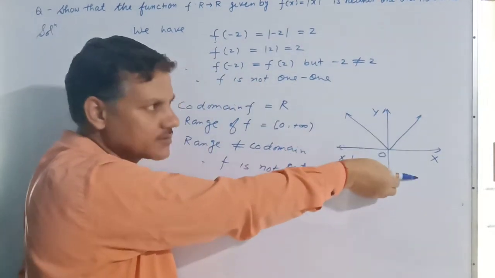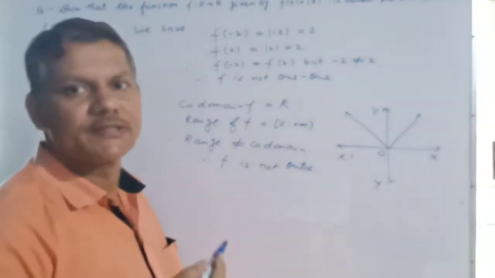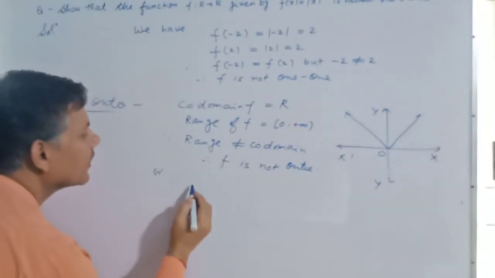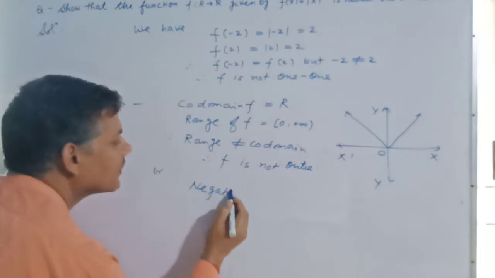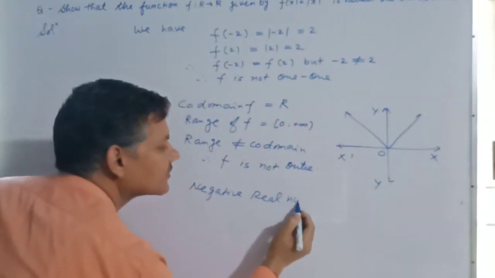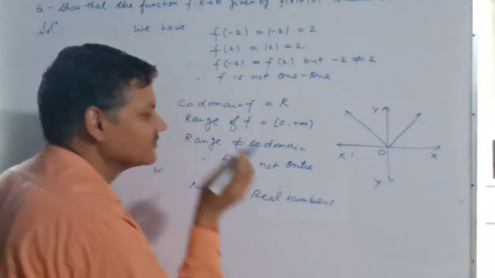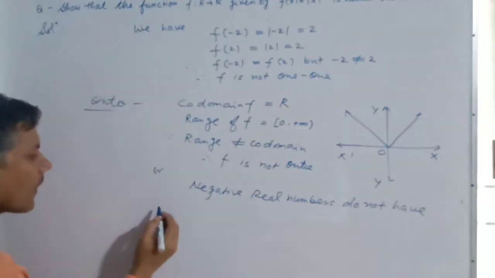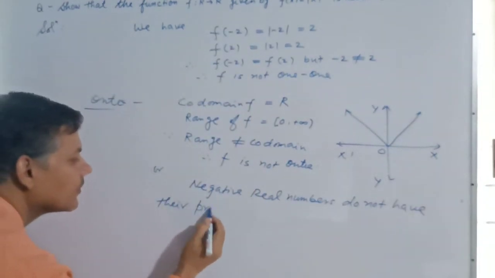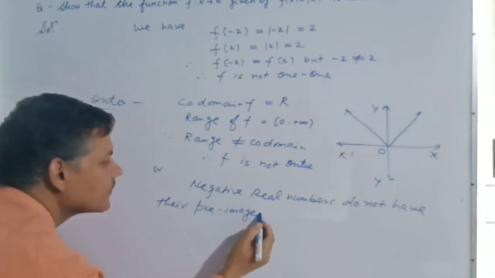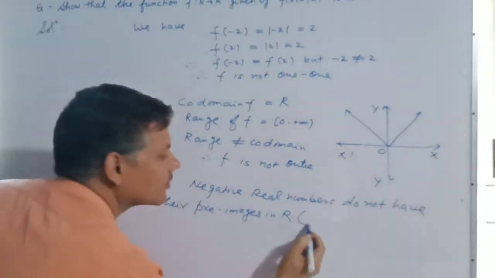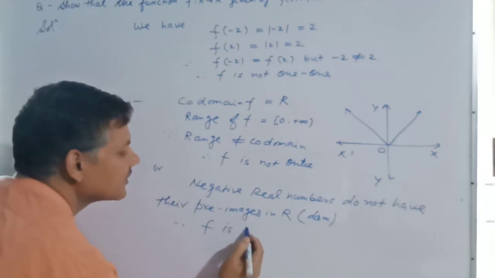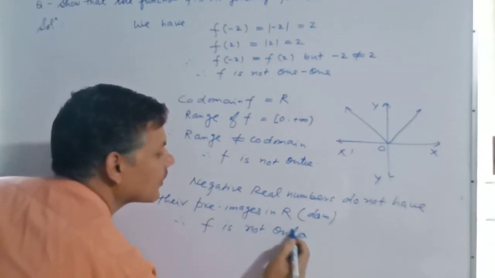Negative real numbers do not have their pre-images in the domain of the function, therefore f is not onto.